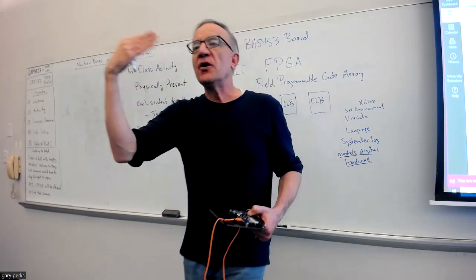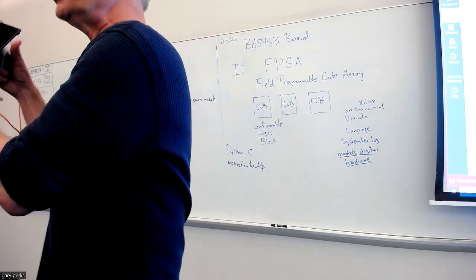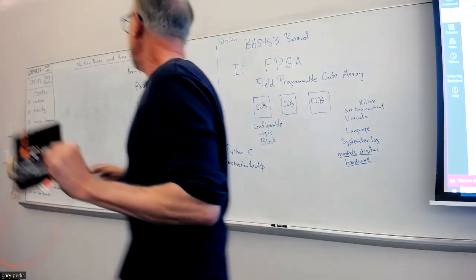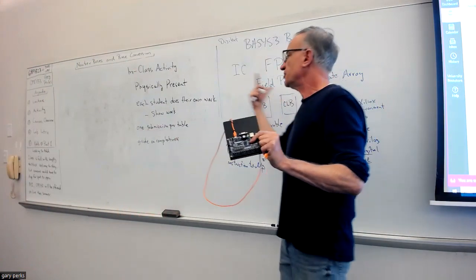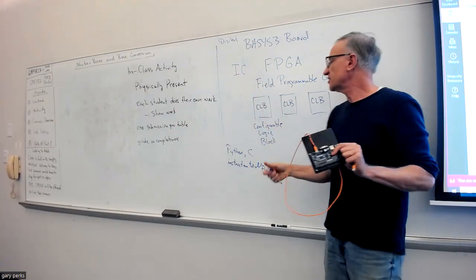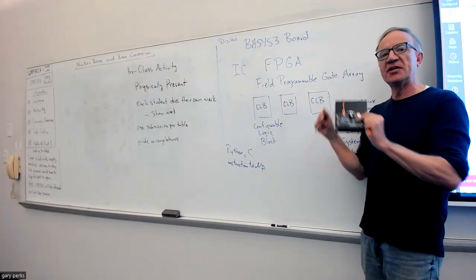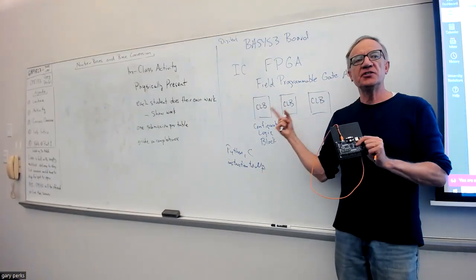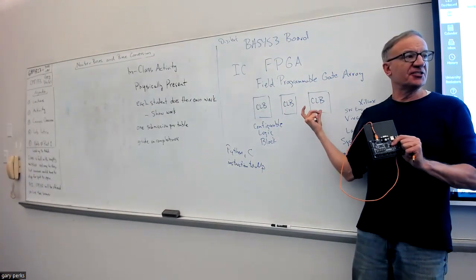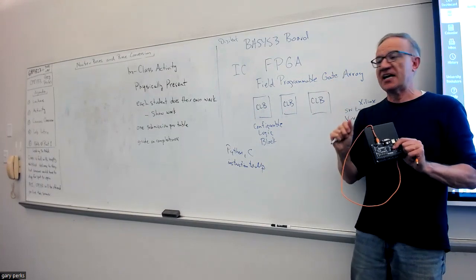So the way you can think of what you're actually doing when you write a program and download it to your Basys board is that the code is selecting which digital logic circuitry is needed for whatever you're designing.